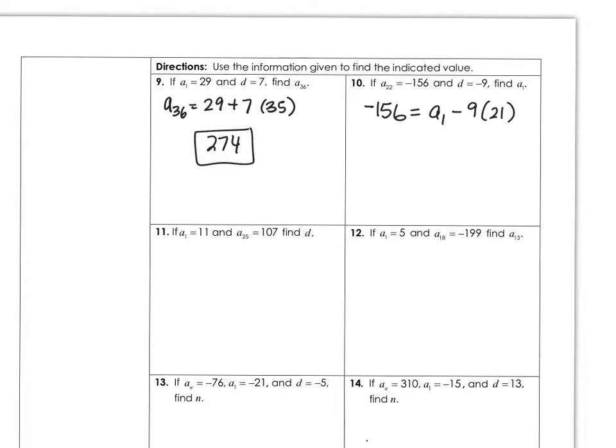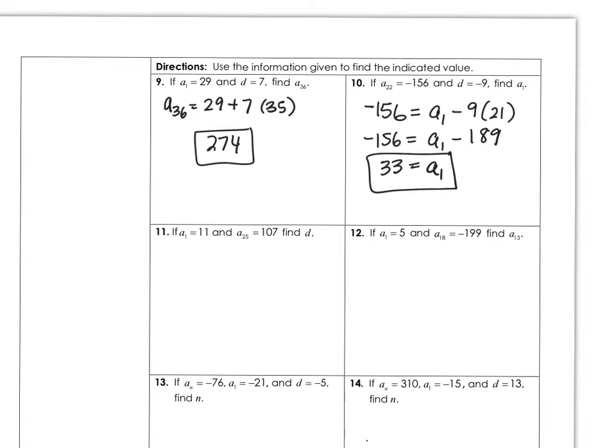So now I have an equation and I can solve this. What's 9 times 21? That's 189. So negative 156 is equal to a sub 1 minus 189. And if I add 189 to both sides, I think that gives me 33. So the first term would be 33.